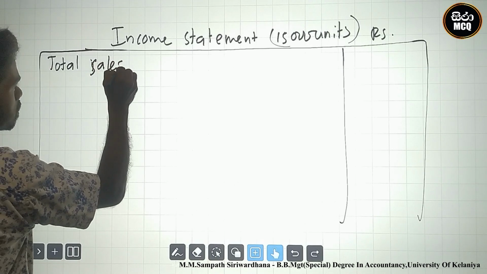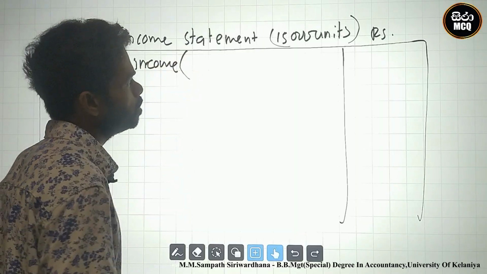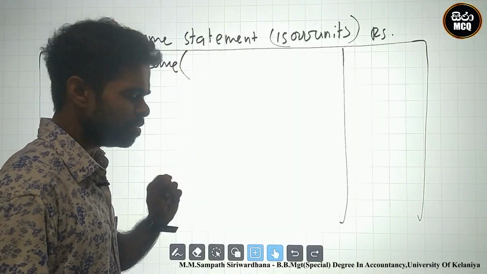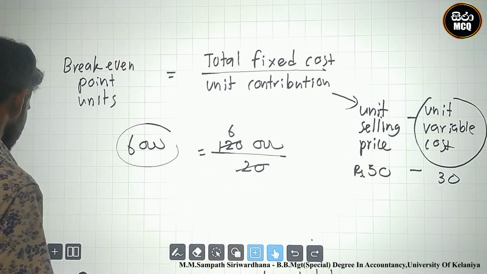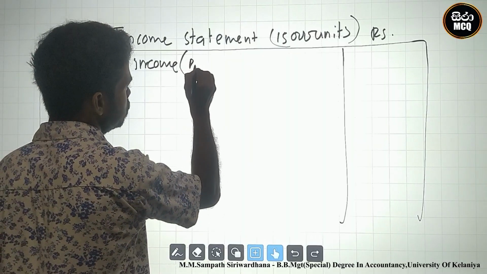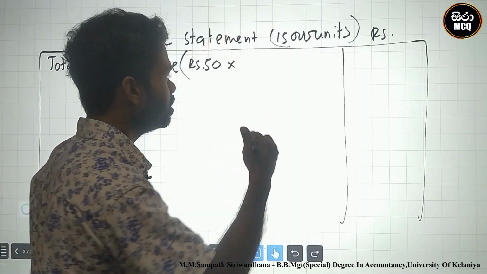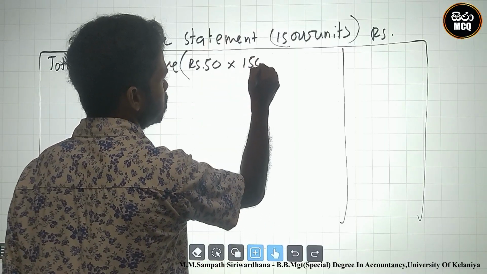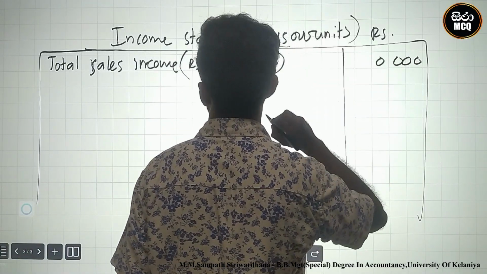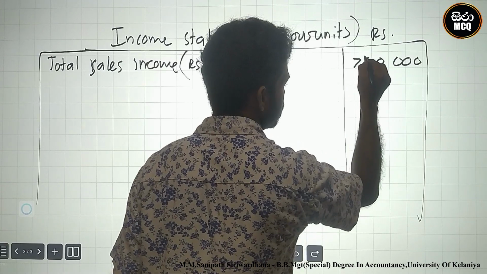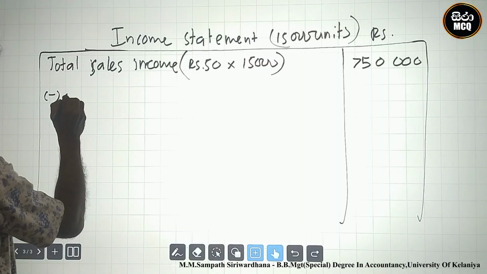The unit selling price is 50, multiplied by 15,000 units, gives 750,000.